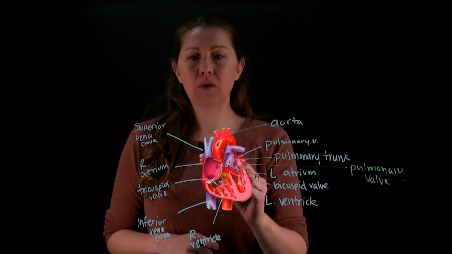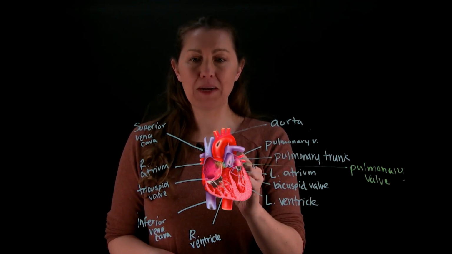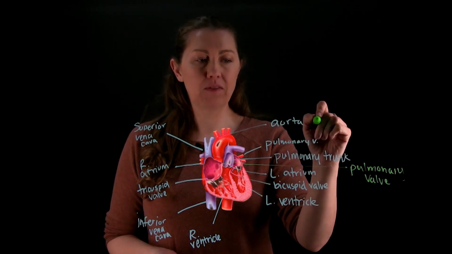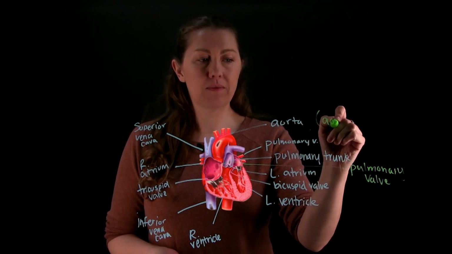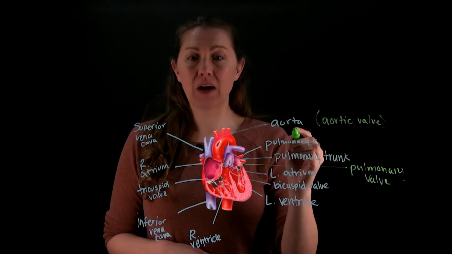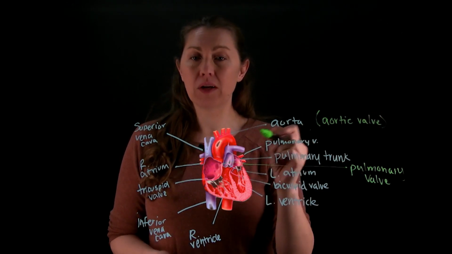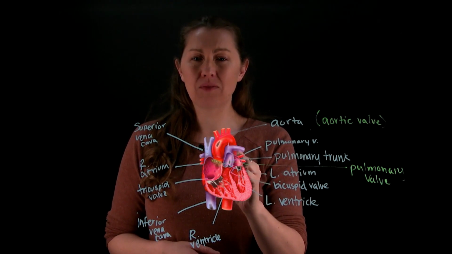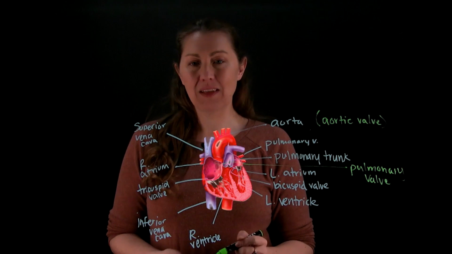And then the one in front of the aorta, which is actually kind of missing from my picture, is going to be the aortic valve. So down kind of right here-ish, there's another one behind all of this that you can't really see.